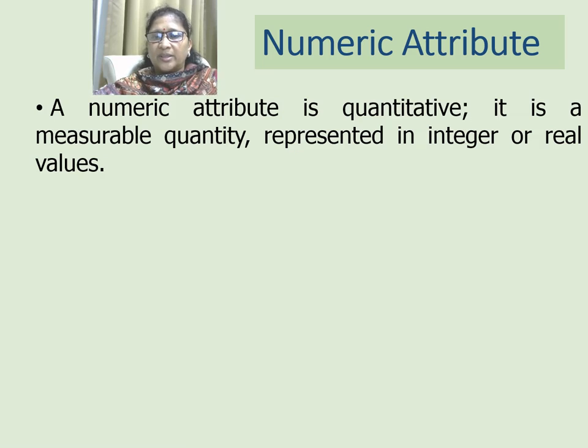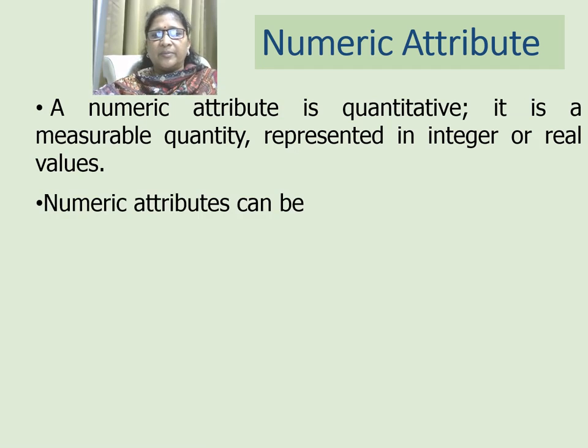Besides nominal and ordinal, which we learned, the third data type is the numeric data type. We refer to it as a numeric attribute because numeric values are stored for the attribute. A numeric attribute is quantitative and is a measurable quantity. It is represented using either an integer or a real value.